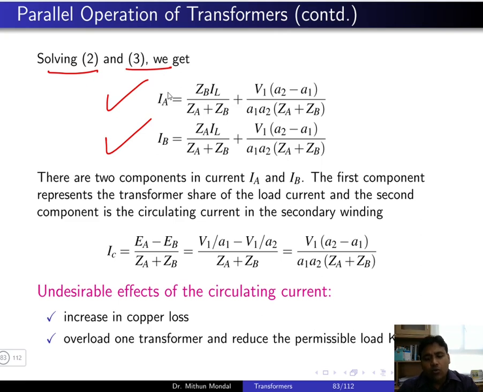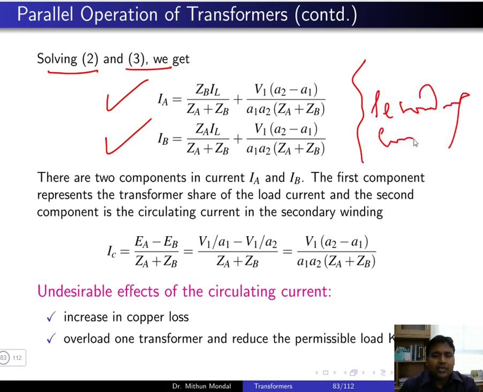So we will get the secondary current flowing for the two transformers. So this is the secondary current equation for transformer 1 and this is for transformer 2.